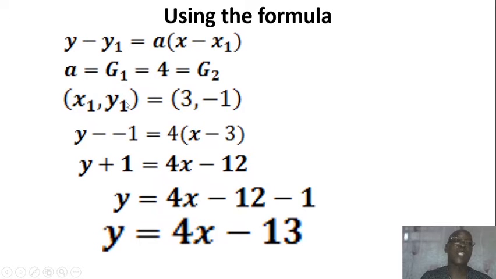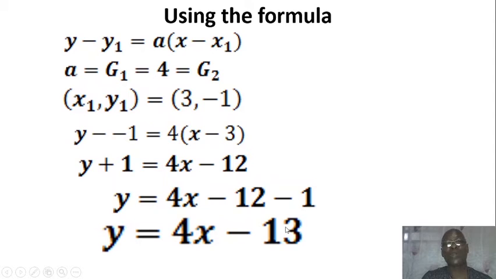Then x1, y1 gives us 3, minus 1, putting the values in the equation. y1 is minus 1, look at it here. x1 is 3, look at it here. Then open all brackets, remember minus minus is plus. At the end, you collect terms as necessary and get that y is equal to 4x minus 13.